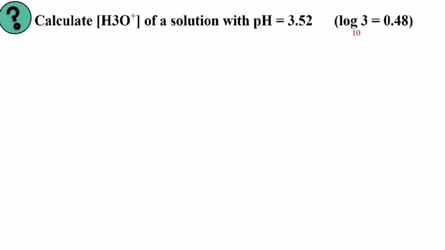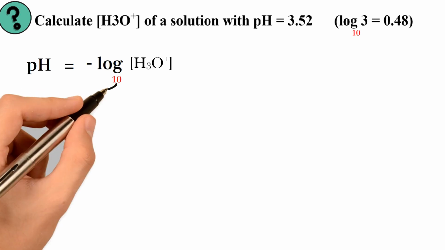In the following example, it's required to calculate the concentration of H3O+ ions of a solution with a pH value of 3.52, given that the logarithm of 3 is equal to 0.48.